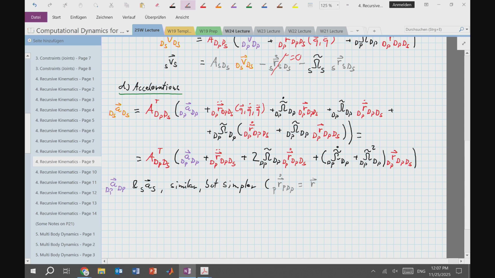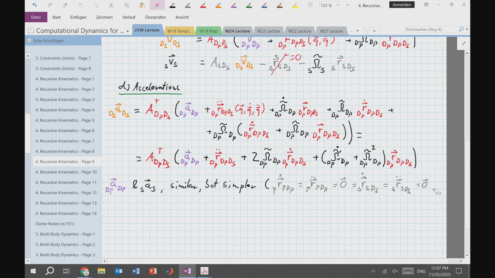And the acceleration r double dot between p and dp in p coordinates, this guy, would also be equal to 0. And then the same holds in the successor, so rs ds dot in successor coordinates is 0, and rs ds double dot in successor coordinates is also equal to 0.